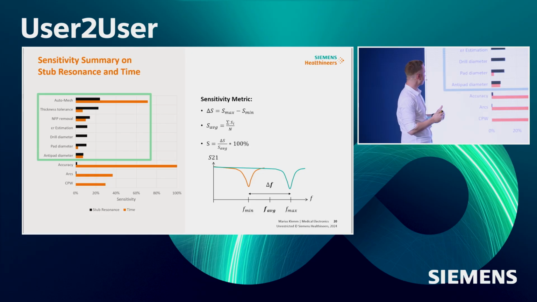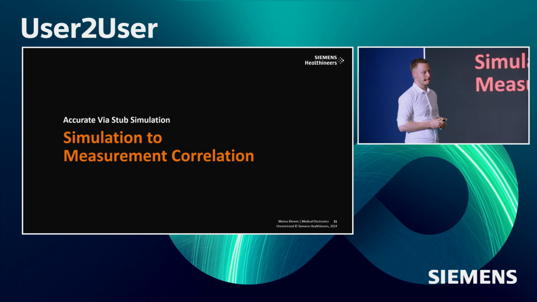You want to keep track of them, and you want to have control over them to know what to simulate and what you get in the end. So these are auto mesh, thickness tolerance, your non-functional pad removal, dielectric constant estimation, and also drill diameter. Pad and anti-pad may be effective, but I think it's not that critical.